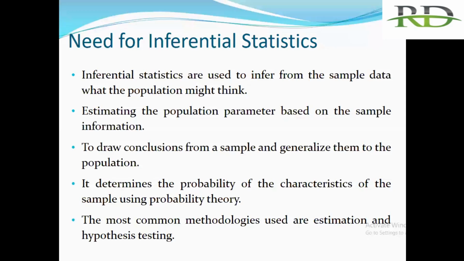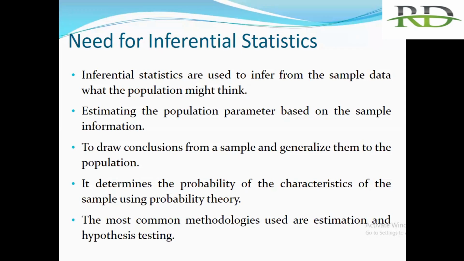Suppose I only have the North Indian population, then how can I generalize it for the whole of India? Suppose I only have the South Indian population, it would be wrong if I generalize the results. So it is extremely important to have a proper sample. Only then can we generalize the results about the population. So this is exactly what inferential statistics means.